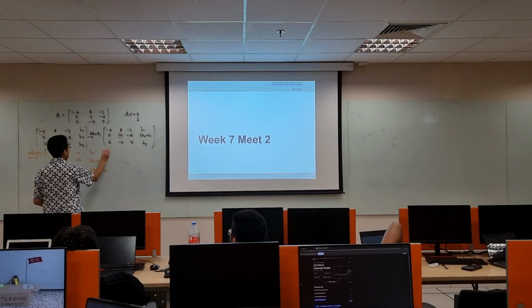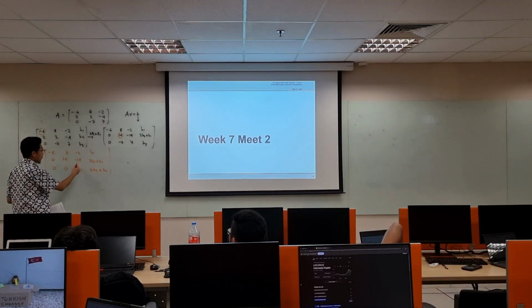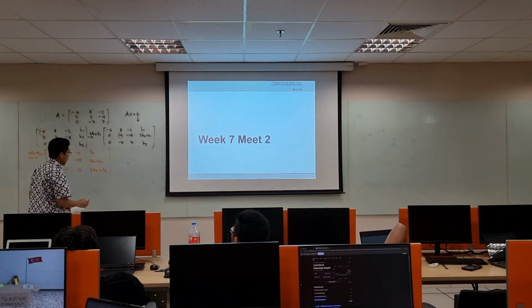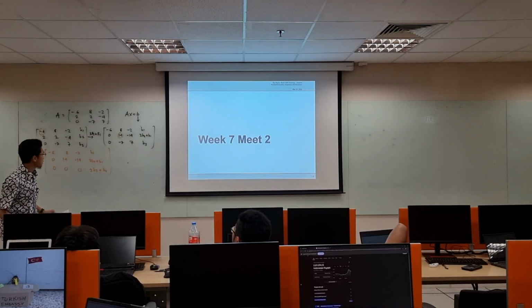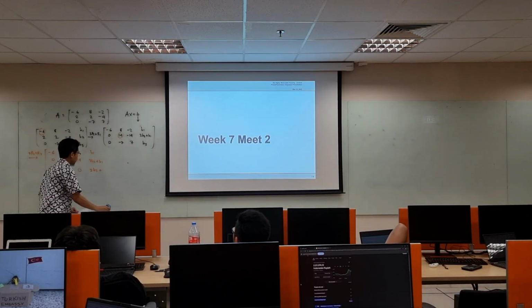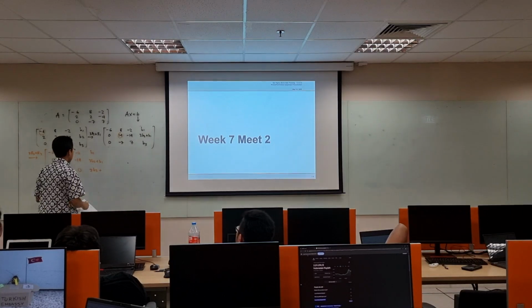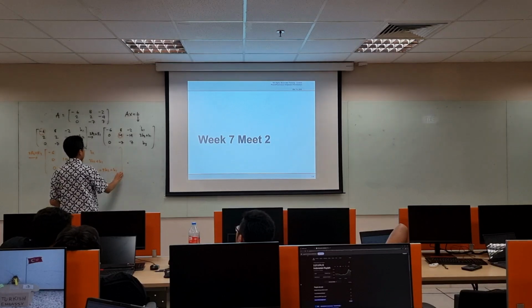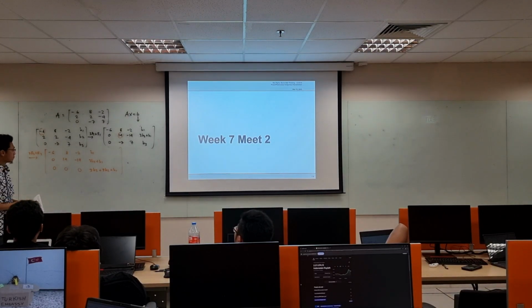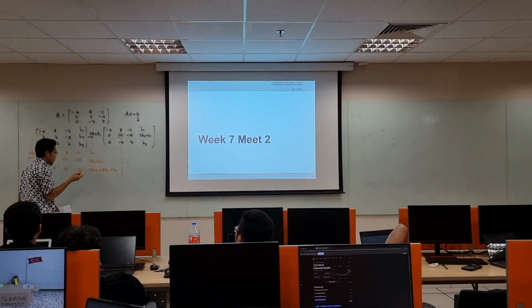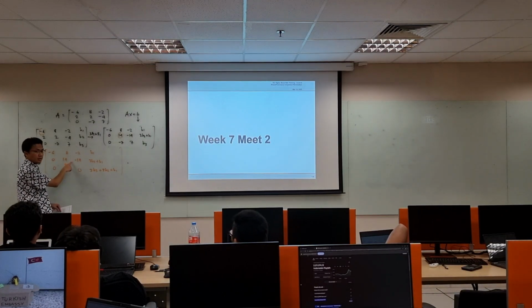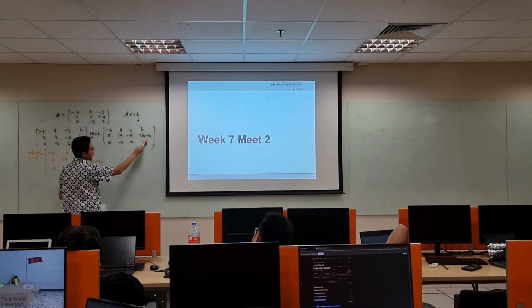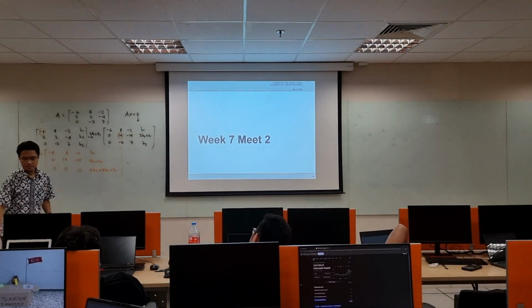So in this case, this is 3b2 plus b1. Sorry, no, 2 times the third row plus the second row. So we have 2 times b3 plus the second row.